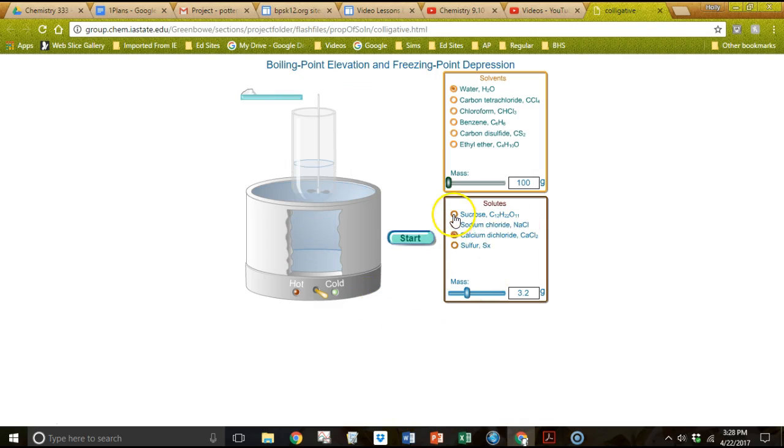Reset. All right, now we're going to go and do the sodium chloride, but we're going to double the amount that we had originally, so to 3.4. There we go. And start with hot, just to be consistent.